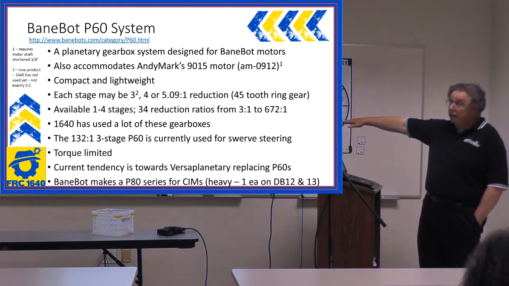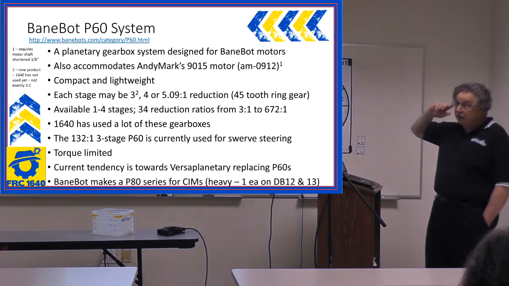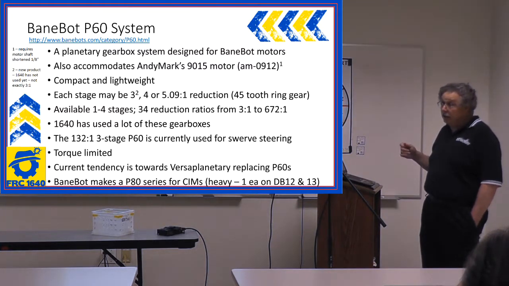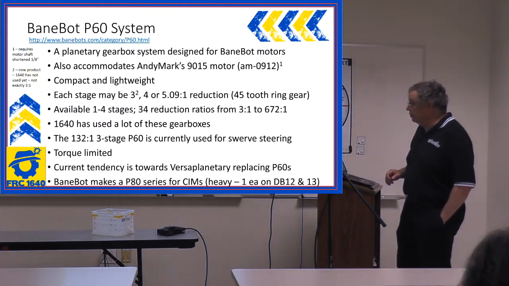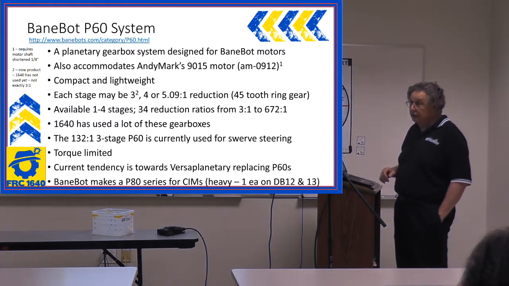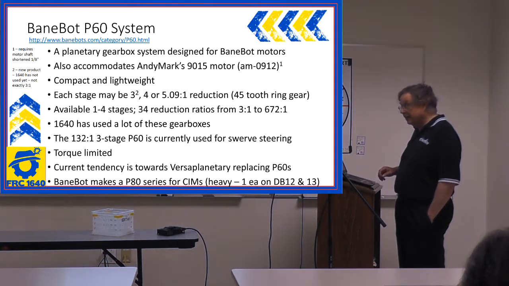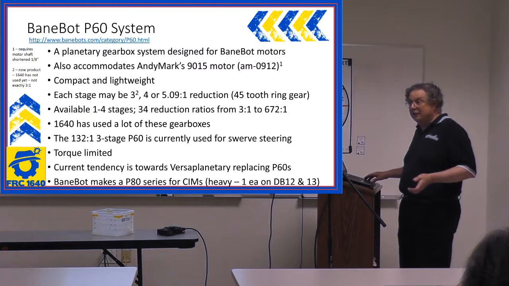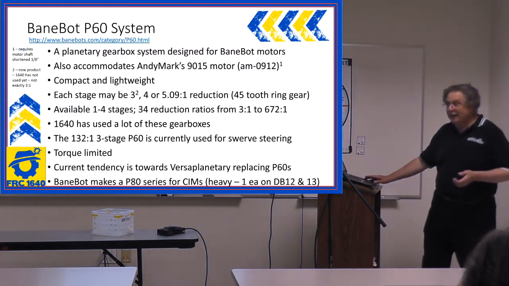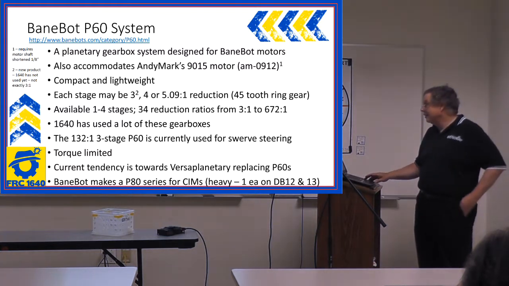We generally are using less of these over time. We're using more Planetaries, less of the P60s, but we still use the P60s because light and cheap is sometimes good. By the way, cheap means like $50 or $60 for a gearbox. It's not $10.